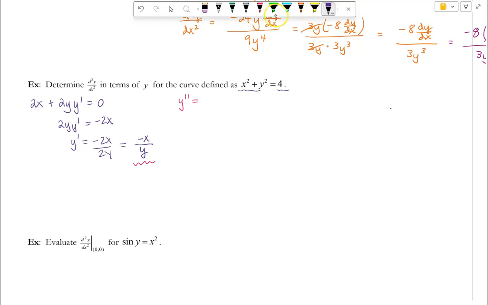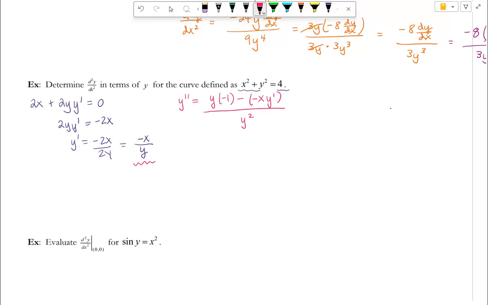All right, so again, we're finding our derivative using our quotient rule. If you're thinking of this as low d high, we've got y times the derivative of negative x, so that would be negative 1, minus high d low, so that's negative x times dy/dx, or y prime, all of that over low squared, y squared.